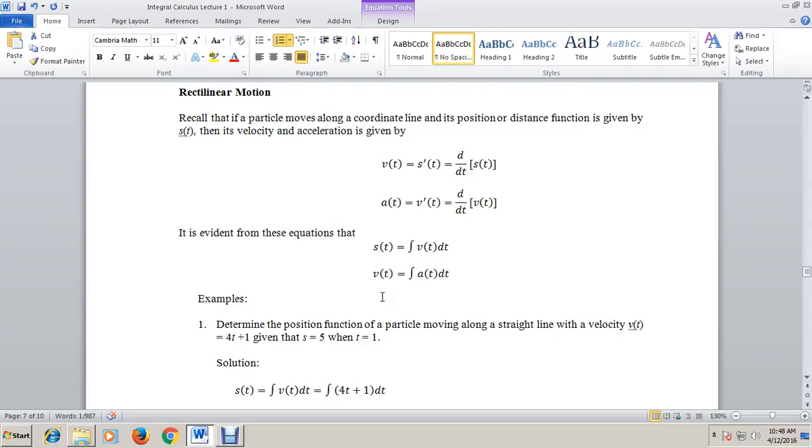One is along the horizontal and the other one is along the vertical. Of course, in physics, try to recall that straight line motion along the vertical is the motion wherein the effects of gravity are being considered.